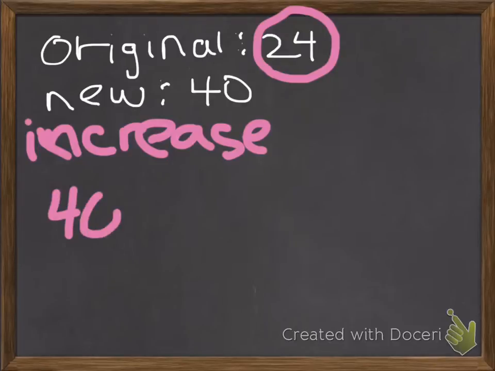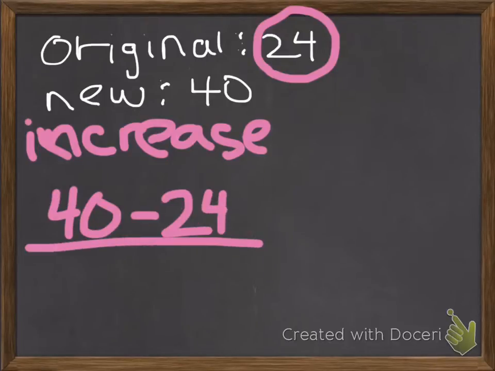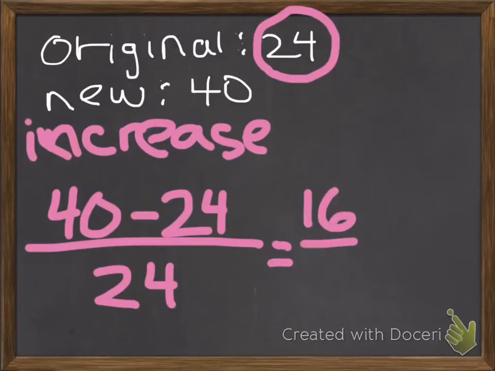Remember, it doesn't ever need to be a negative number, so you just take whatever the higher number is, no matter whether it's the original or the new, and put that subtracted by the smaller number, so 40 minus 24. But the denominator is always the original number. So it's going to be 24. So I'm going to subtract 40 minus 24, which gives me 16, and I have 16 over 24.